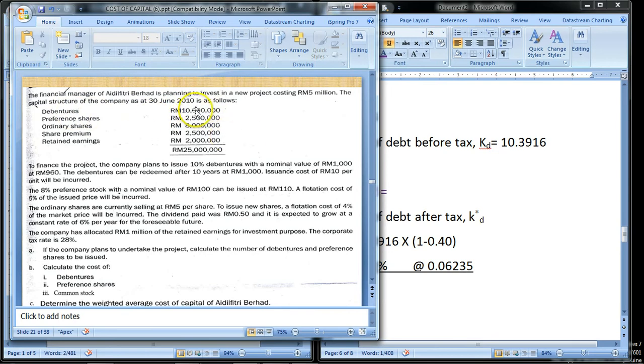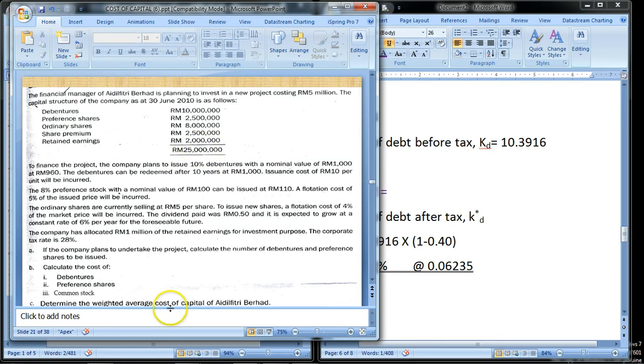To find the weight, 10 million divided by the total capital, then times 100. The 12,500,000 you get from adding 8 million plus 2.5 plus 2 million. So 12,500,000 divided by 25 million times 100, then you get the weight for your common stock. So that is the way to calculate weight.